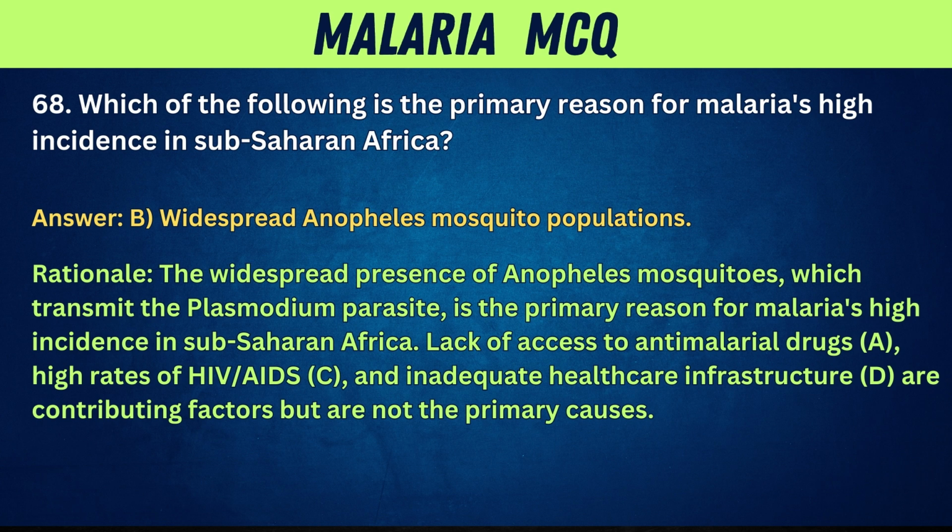Rationale: The widespread presence of Anopheles mosquitoes, which transmit the Plasmodium parasite, is the primary reason for malaria's high incidence in sub-Saharan Africa. Lack of access to antimalarial drugs, A, high rates of HIV/AIDS, C, and inadequate healthcare infrastructure, D, are contributing factors but are not the primary causes.